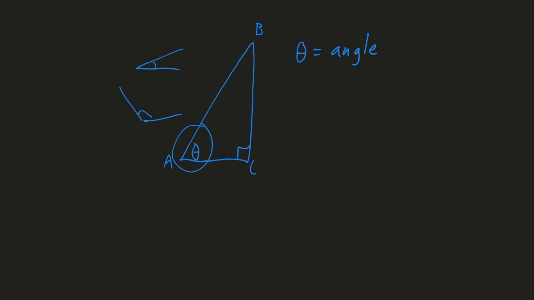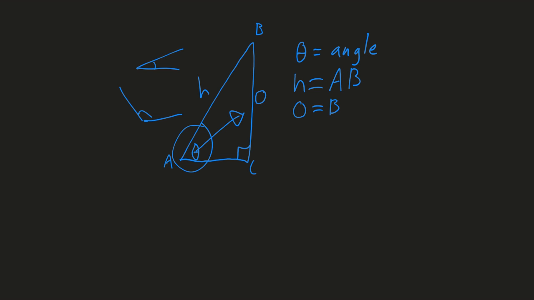So actually, let's go over these. So there's the hypotenuse. This is the side A to B, right? So this is the hypotenuse over here. The opposite side is the side that is opposite our angle. So this is the opposite side, right? Opposite of here is that side.